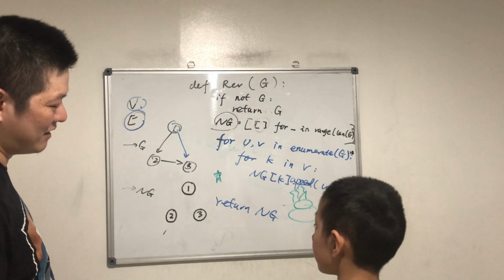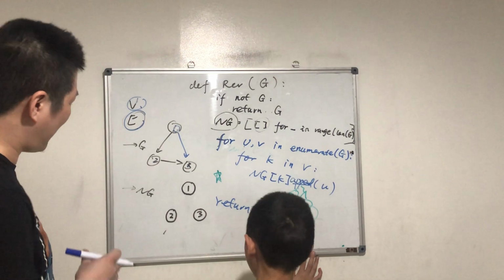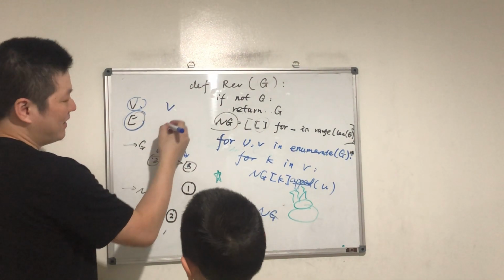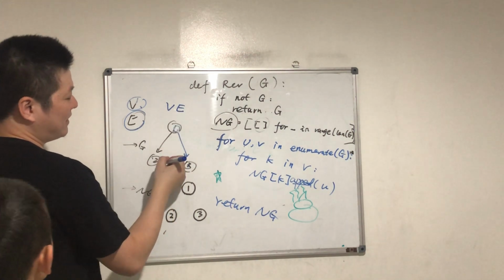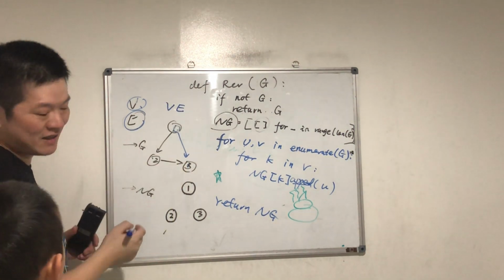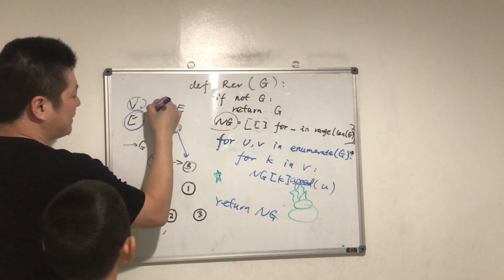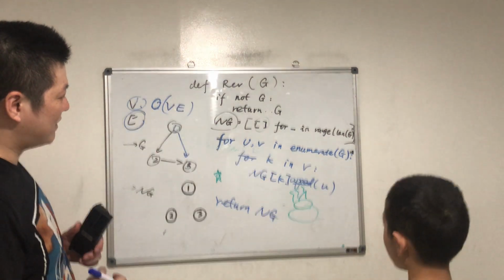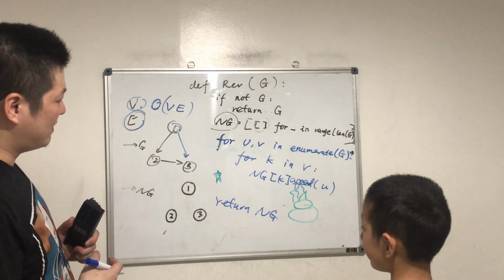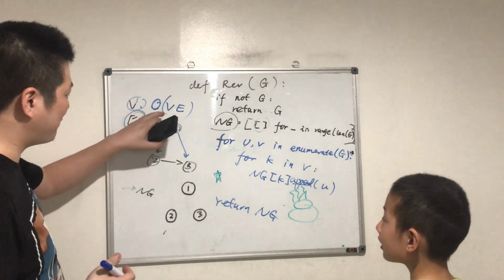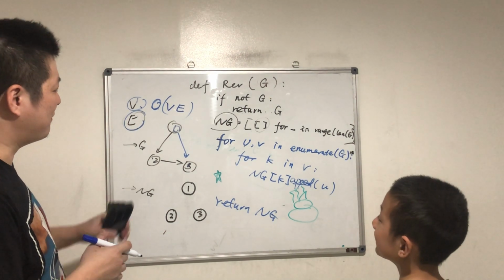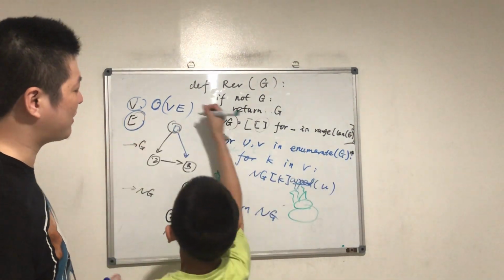I'm just saying, each one has E edges. So it's V and what? E. Yeah. The total number of edges will be V and E, right? So the time complexity is O(V+E), right? What's the space complexity? V and E, O(V+E). Yeah, we are returning this copy.